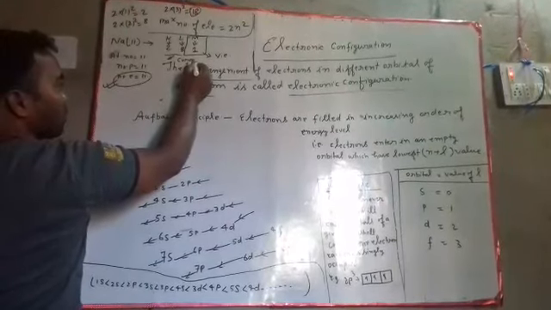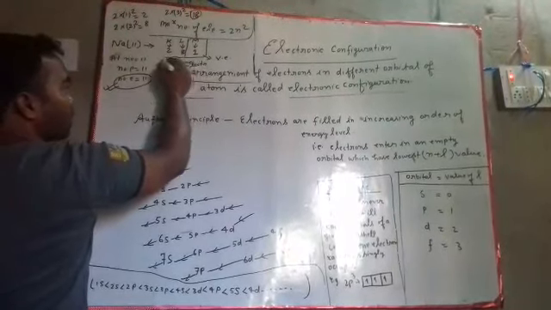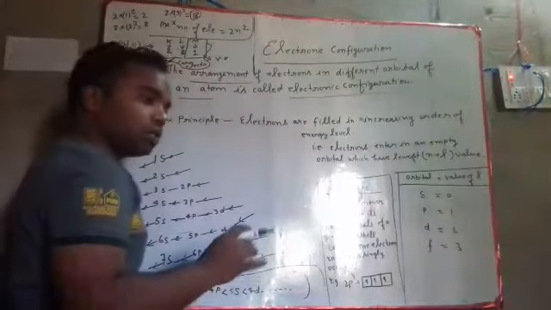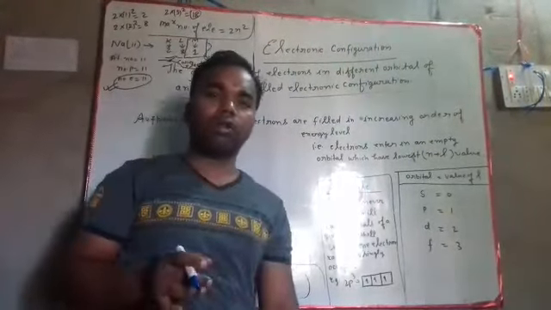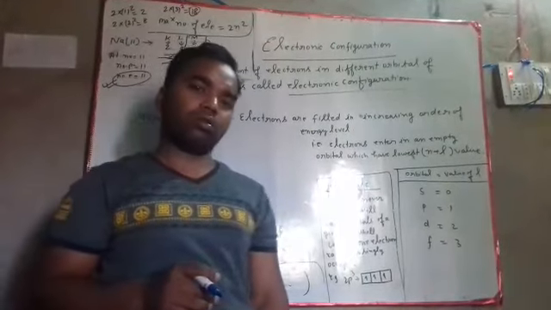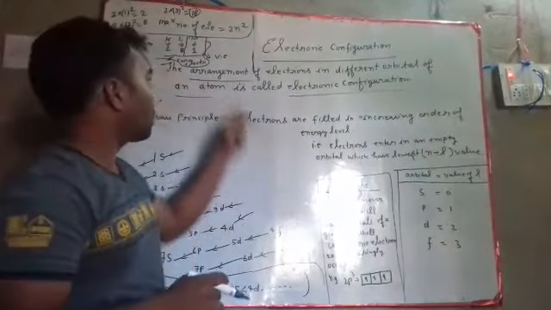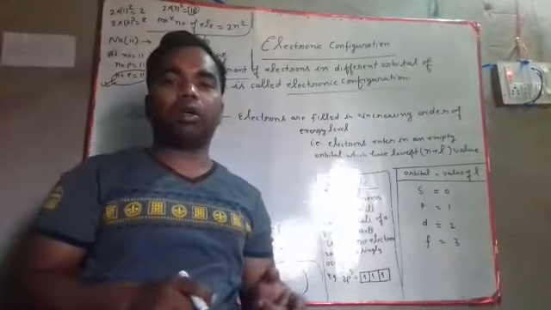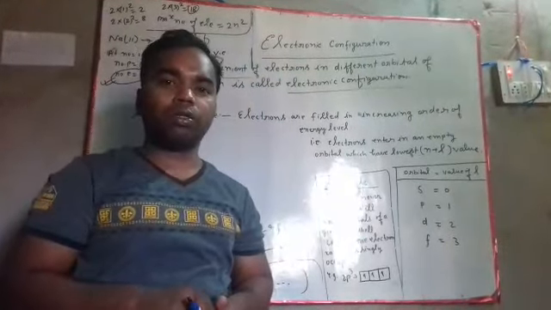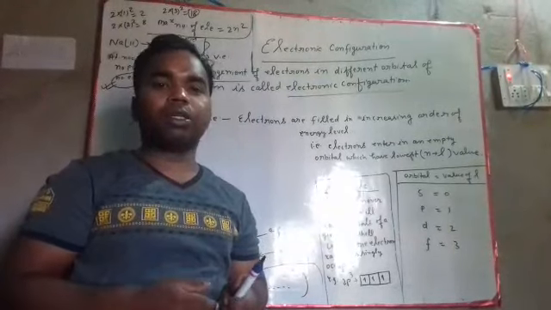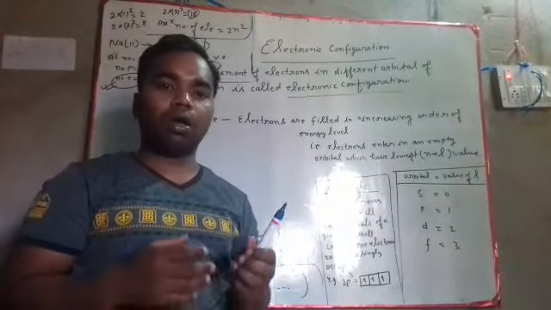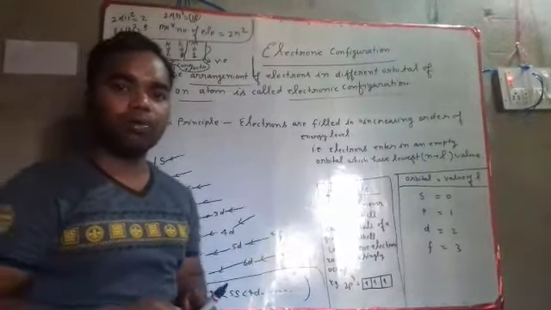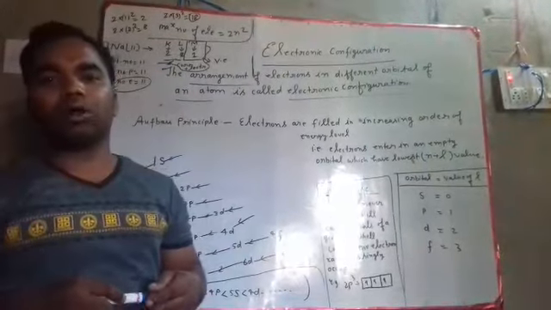Core electrons are strongly attracted by the nucleus, and they are not free for any bond formation. So this is the electronic configuration you will have according to the Niels Bohr model. But we have the concept of orbitals. So how can we write the electronic configuration? By using the concept of orbitals.